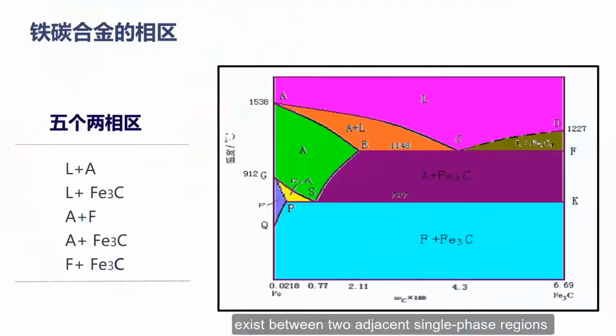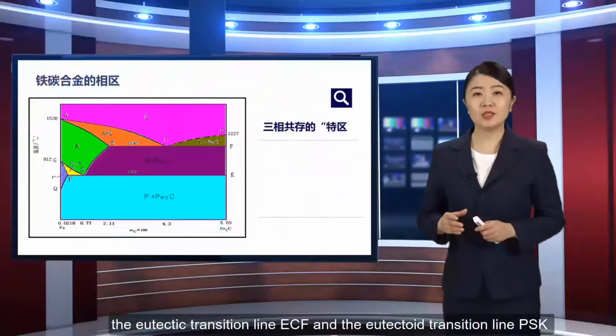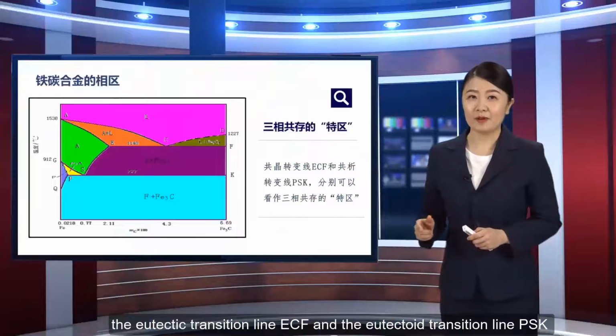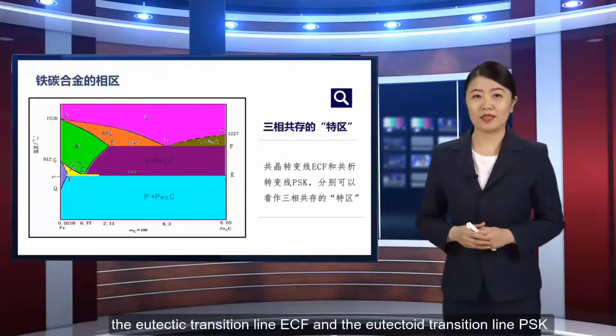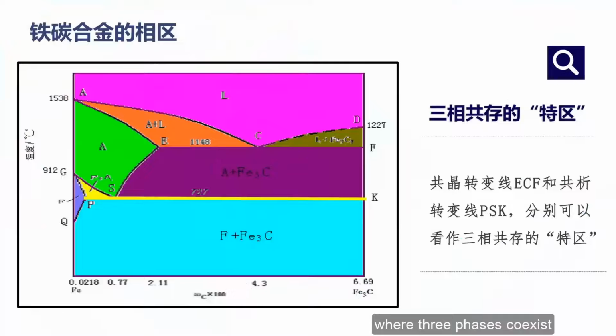These two-phase regions exist between two adjacent single-phase regions, which are L plus A, L plus Fe3C, A plus F, A plus Fe3C, F plus Fe3C. In addition, the eutectic transition line ECF and the eutectoid transition line PSK can be regarded as special areas, where 3 phases coexist, respectively.